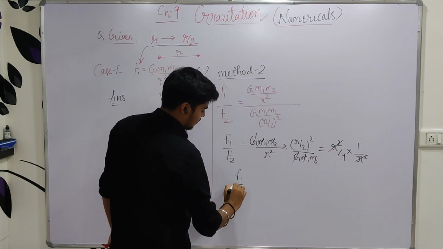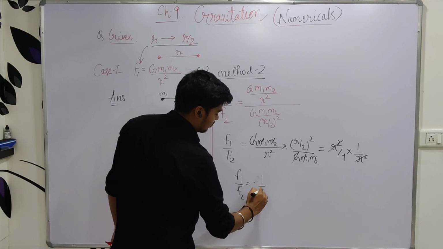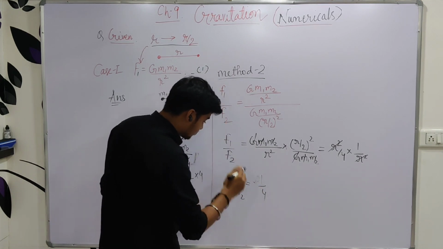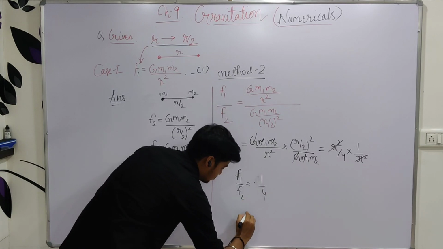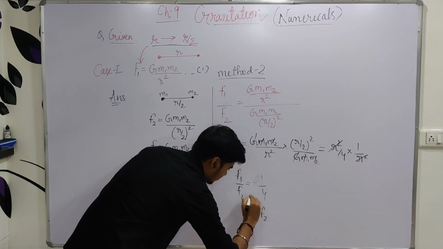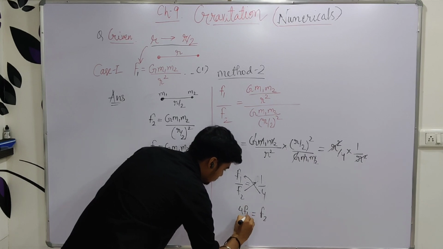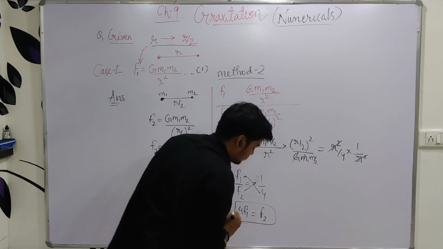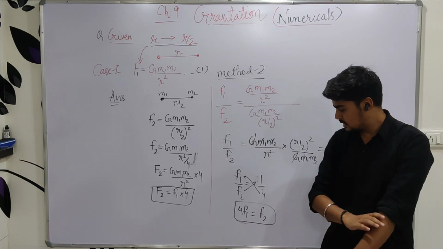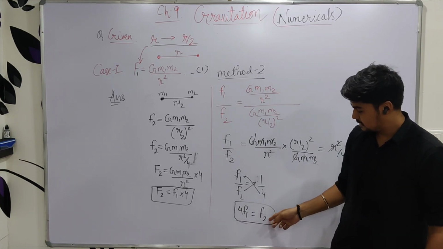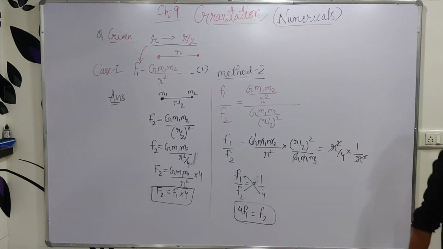See, F1 by F2 is equal to 1 by 4. Take F2 here, multiply 4 with F1. Again I will get F2 is equal to 4 times F1. Basically the new force, which we can call F2, is 4 times the force F1.